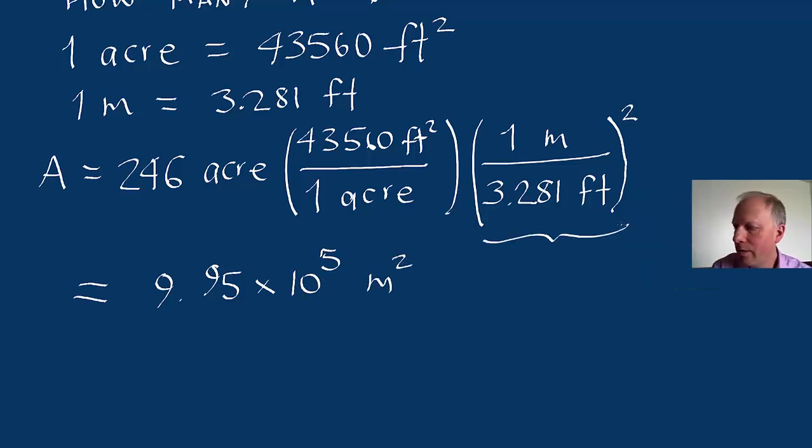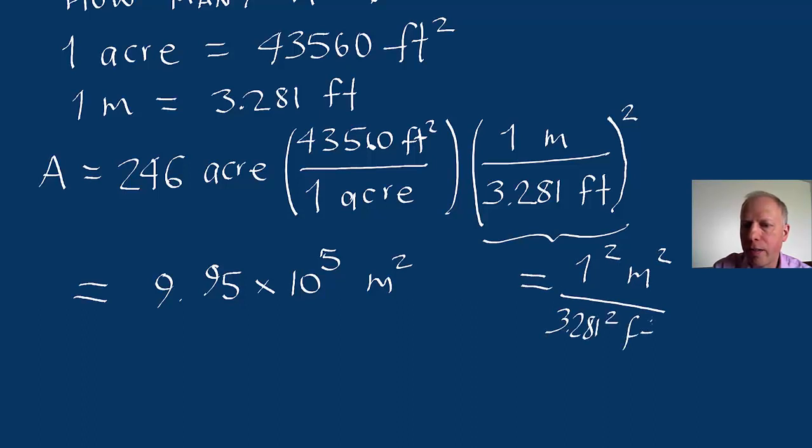This fraction, just to make sure, is equal to 1 squared meters squared over 3.281 squared feet squared. Please remember to square the 3.281, or when you're converting between powers of 10, between millimeters and meters and so forth, you have to square those powers of 10 as well.